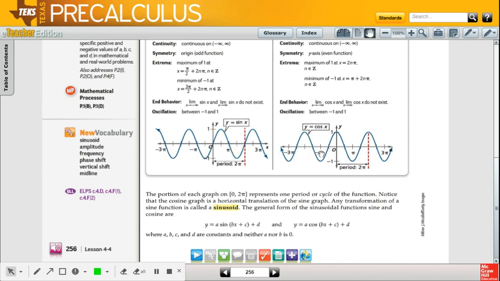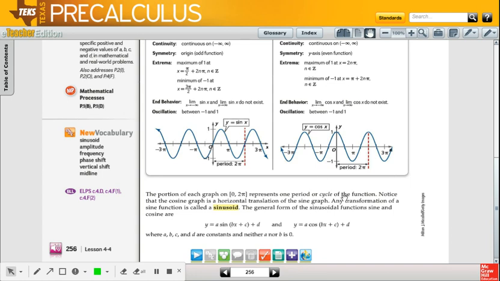If you compare the sine graph and the cosine graph, they pretty much look the same, but if you look closely in regards to the y-axis, you see that in the middle of the cosine graph, the y-axis goes through it. But in the sine graph, it looks different, as if it was shifted either to the left or to the right. So it is true that the cosine graph is a horizontal translation of the sine graph.